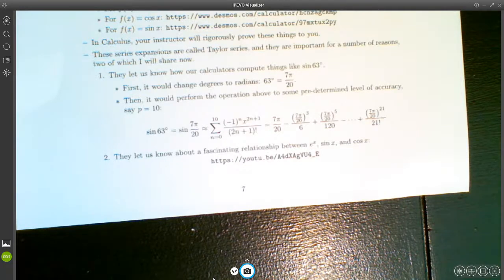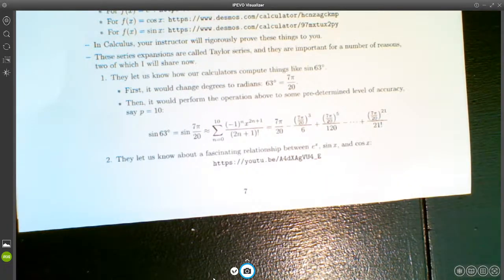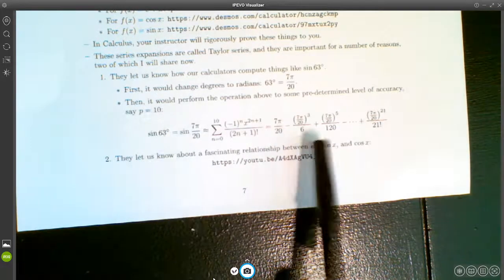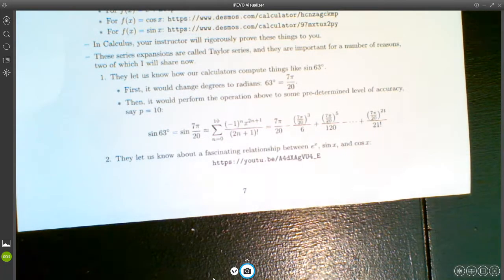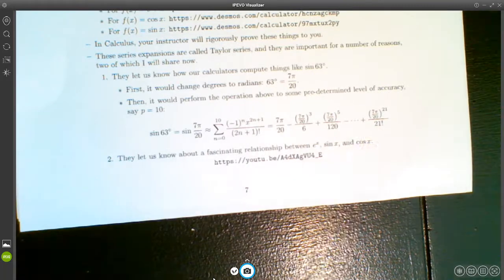But the more terms you add, the more accurate your answer is going to be. I think by the time you get to maybe 10 terms, you're pretty darn accurate. So that's the answer to one question you may have had: what is my calculator doing to calculate these values? It's actually plugging the value into this infinite polynomial.